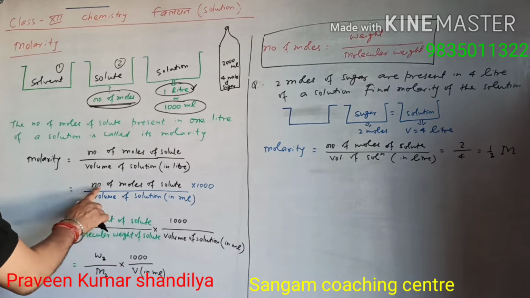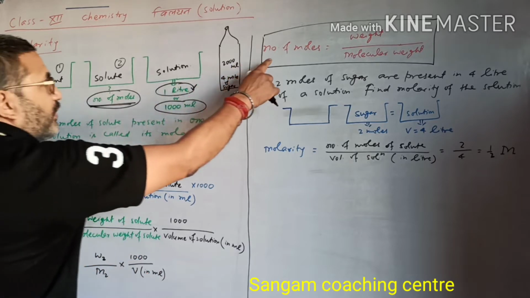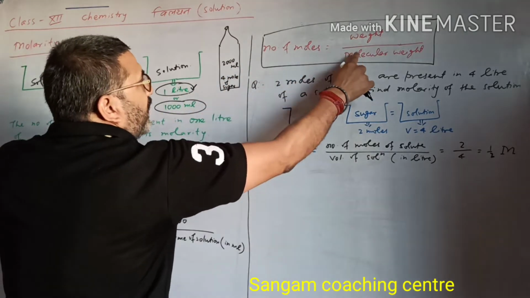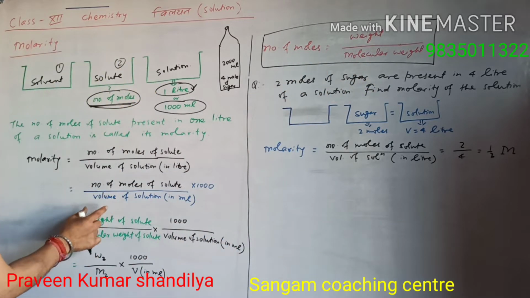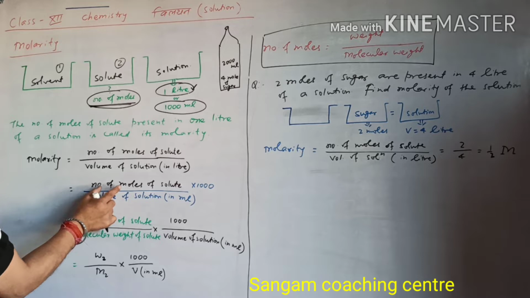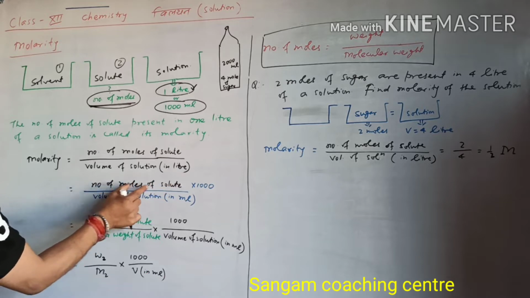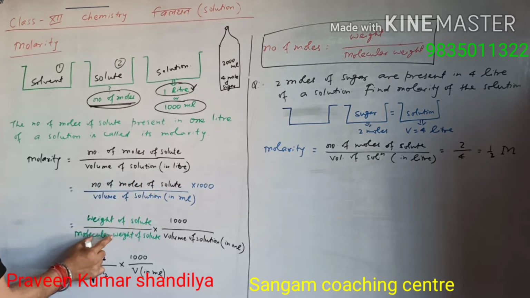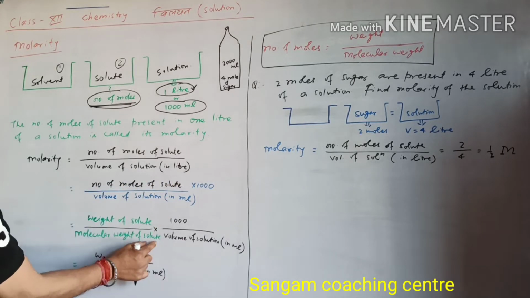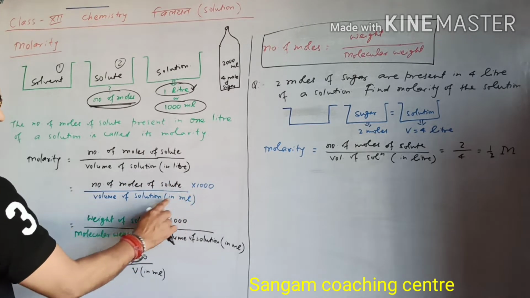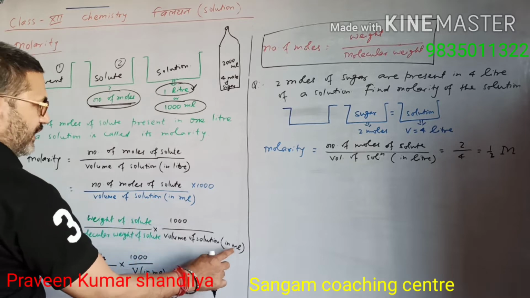We know number of moles means weight divided by molecular weight. So number of moles of solute is weight of solute divided by molecular weight of solute, into 1000, divided by volume of solution in milliliter.